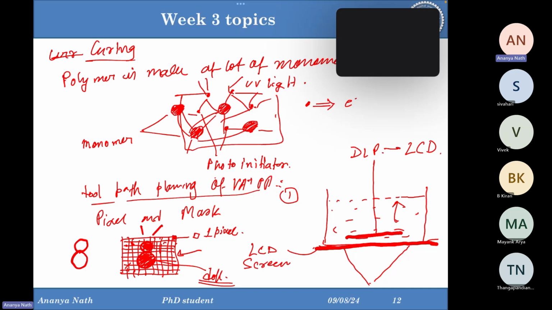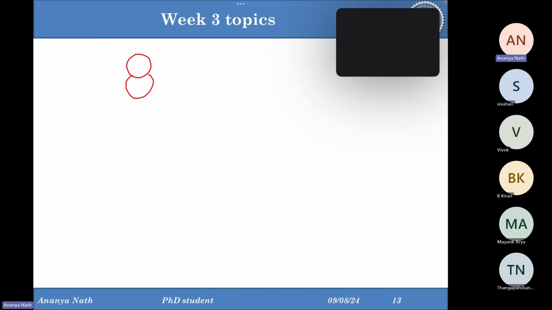But if the number of pixels is lesser, then the part quality will be bad. If we have this geometry and very fine pixels, you'll get the object finish like this at the end.